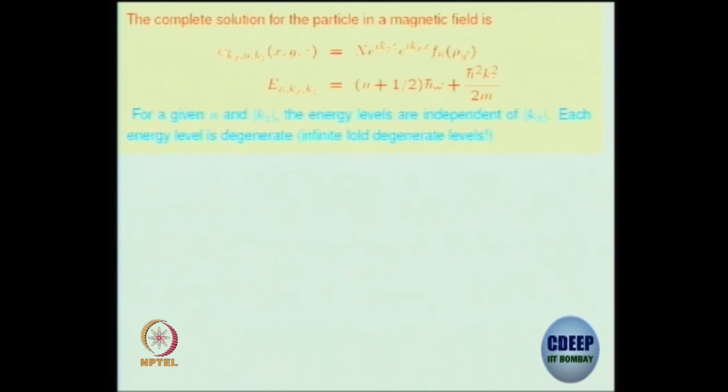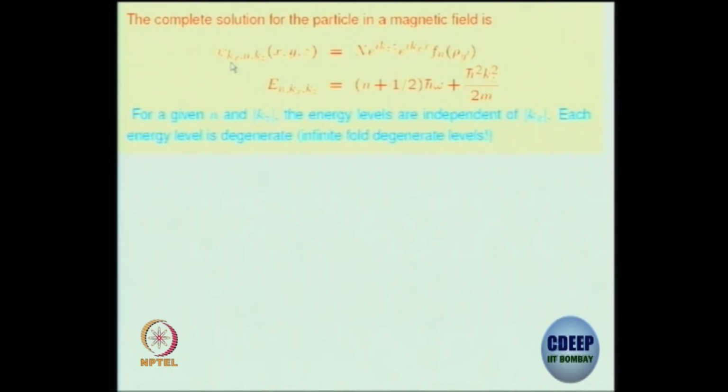We can make an appropriate choice for the vector potential and try to give an ansatz for the separable function. E to the I k z, z is separated, but then x and y are connected. Okay, so this y prime is actually a function of kx. So this is the total solution.